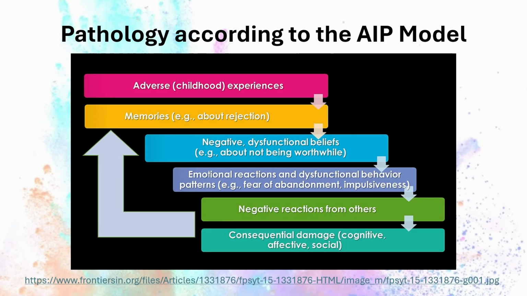The AIP model views negative behaviors and personality characteristics as the result of dysfunctionally held information. From this perspective, a negative self-belief such as "I am not good enough" is not seen as the cause of present dysfunction.